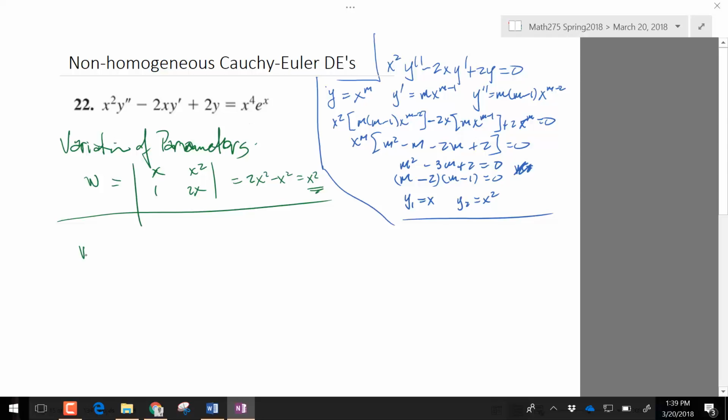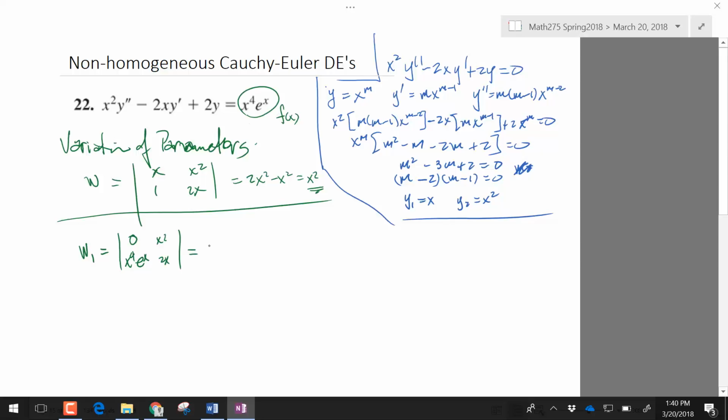Now we need W1, and this is your f of x. So in our first column, we would replace with 0 and x to the fourth e to the x. And then here we have x squared, 2x.